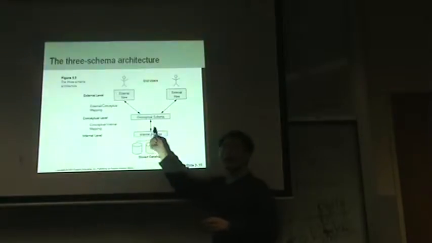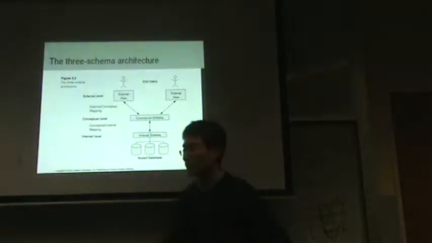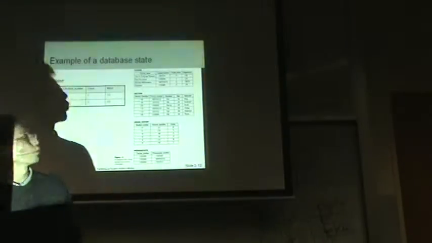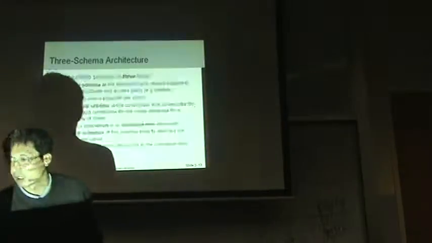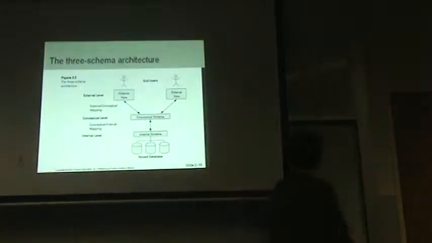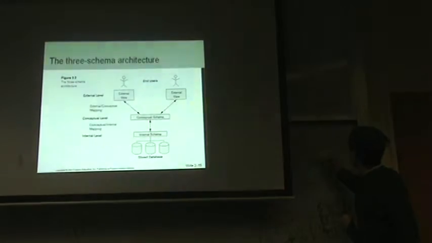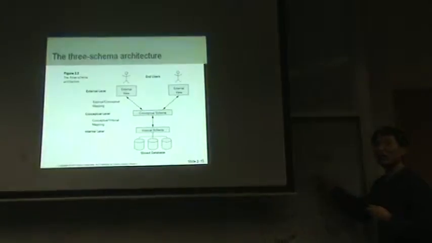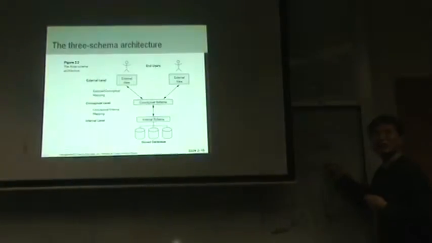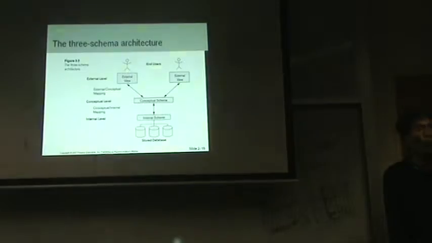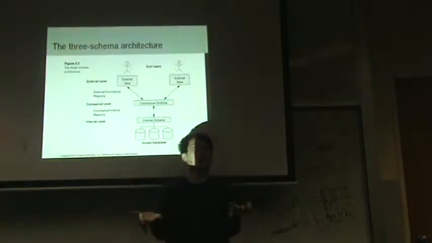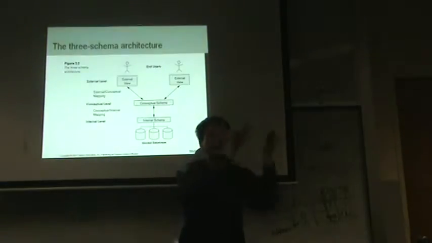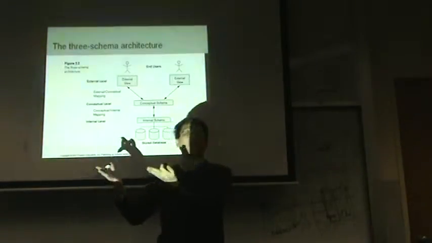But that should be connected to the conceptual schema, which means the user will access the data using this information: name, student number, class, and major, not where the block ID is, or even the raw device, this is a disk, and the sector number, disk number, cylinder number. No. The user doesn't have to know about the internal level. Instead, just know the conceptual design. Student consists of the name, ID, and the GPA, something like that.